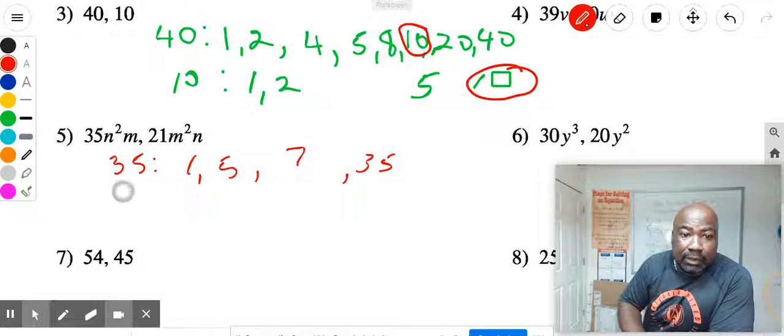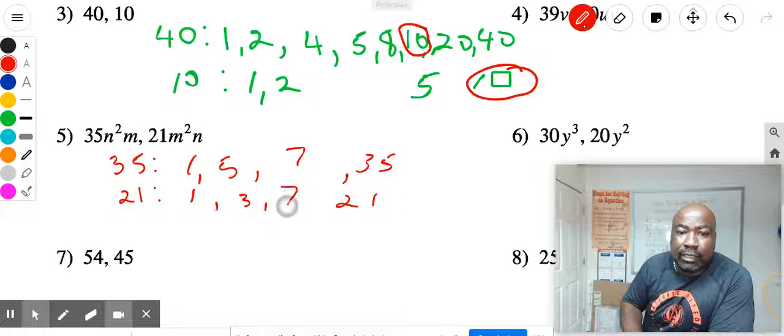And now I'll take a look at 21. 21, we have 1 and 21. And then we have 3 and 7, because 3 times 7 is 21. And then I take a look at these things, these variables right here. n squared is just n times n. And here we have m squared, which is just m times m and n.